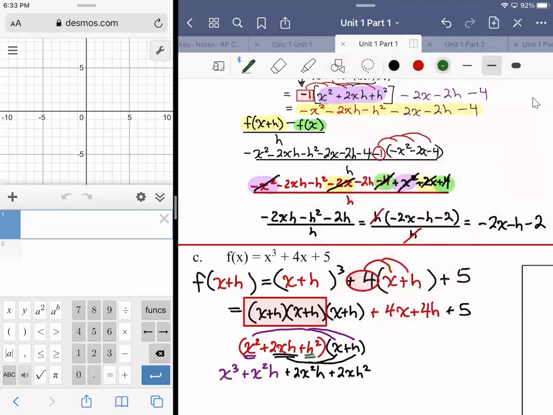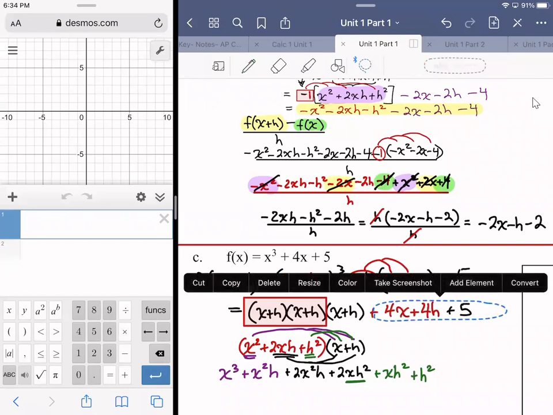Then you would take that h squared and multiply that by each term in the second expression. So h squared times x, but I'm going to write that as xh squared because, with the commutative property, you can go in either order. For consistency, because the other one we wrote as xh squared, we would want to write this as xh squared. And then h squared times h would be h cubed. And then everything else comes along for the ride.